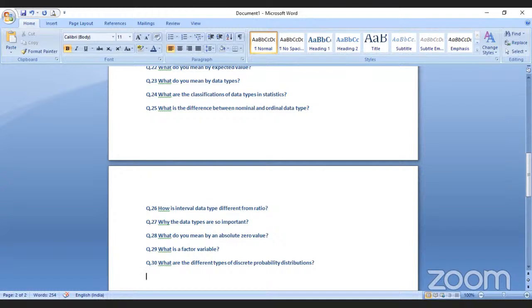What are the examples of some continuous probability distributions? What are the different types of continuous probability distributions?